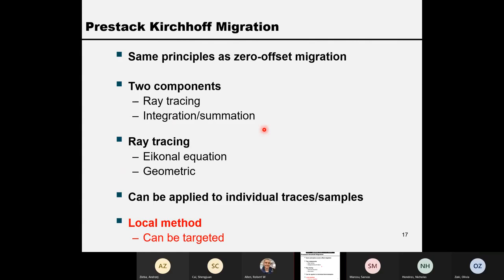Okay, so there are two elements. For ray tracing, you can simply use a geometric approach. You can start from a shot point and the ray path spreads away. Or you can say, I have a source point and a receive point, and in between the ray path must follow the minimal travel time path, right? That's called the geometrical one. But there is also the eikonal equation.